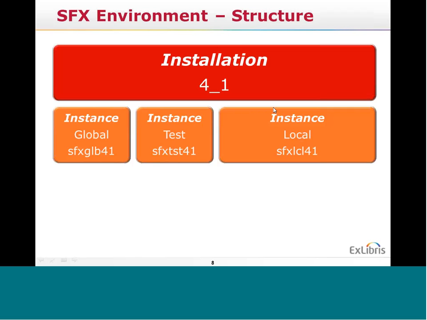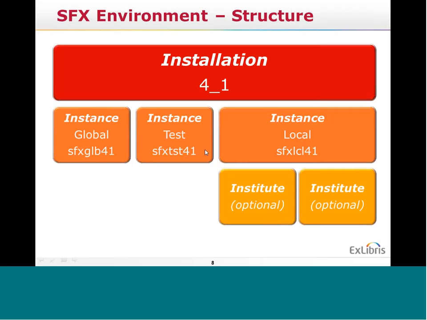So not only this one, which represents your production version, but your test instance that you see here in the middle is considered a local instance as well, because it will have local data in it as you're doing testing. The institute is a localized subdivision of a local instance. And institutes have their own configuration settings that can be different from the instance defaults. Institutes are typically used with a consortium or consortia who are using SFX.